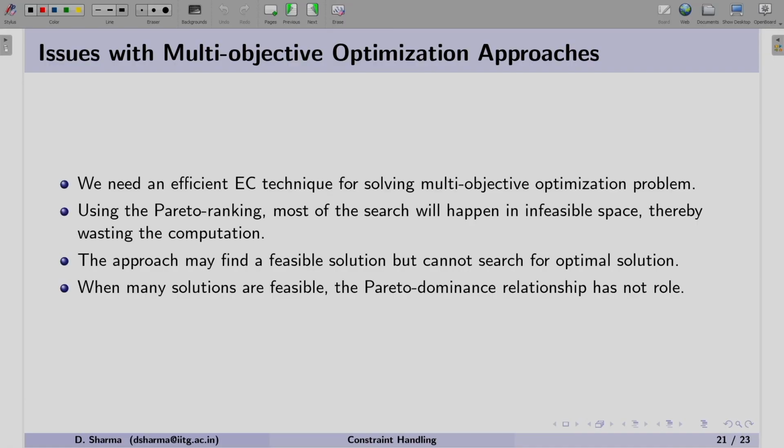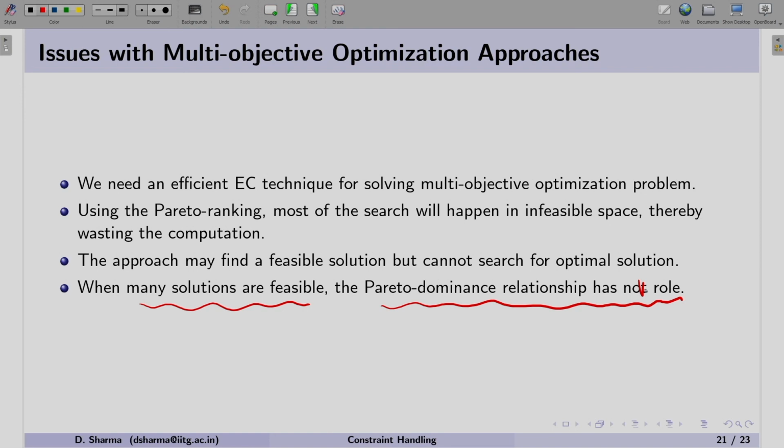The next issue is that when many solutions are feasible, the Pareto dominance relation has no role. Suppose we have 10 solutions, and all the solutions are feasible. This means the constraint violation is 0, and only the objective function value remains, that is, minimization of f of x.